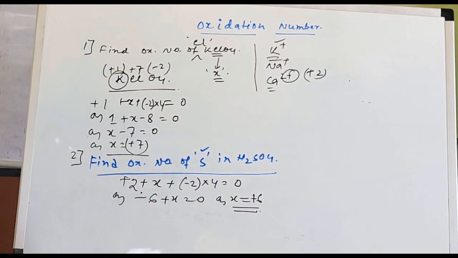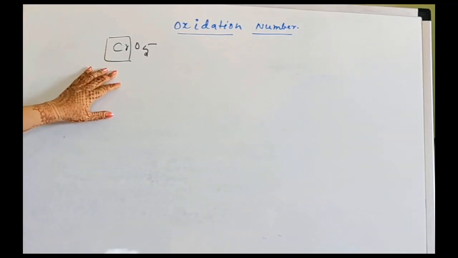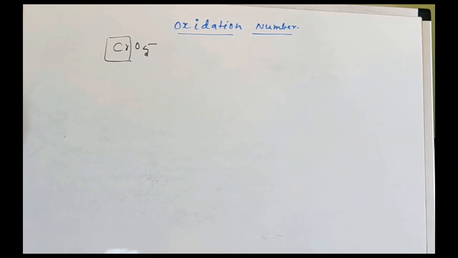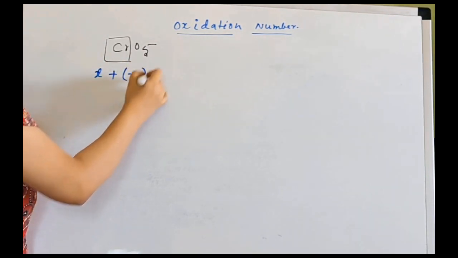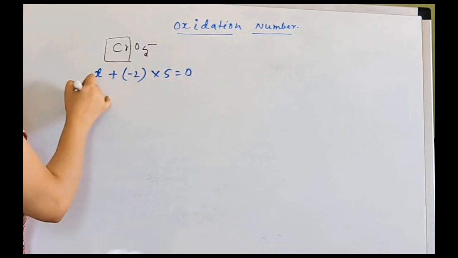Now we will see some exceptional cases. You have to find the oxidation number of chromium in CrO5. At first, you can see here O5, so mistakenly you can write x plus minus 2 into 5 equals 0.